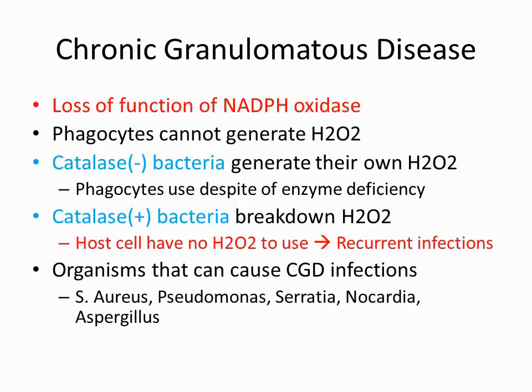But catalase positive bacteria will break down their own H2O2, so the cell doesn't have any H2O2 to use. That's why we will see recurrent infections of catalase positive bacteria. There are some organisms that can cause chronic granulomatous disease infection, which are Staph aureus, Pseudomonas, Serratia, Nocardia, and Aspergillus.